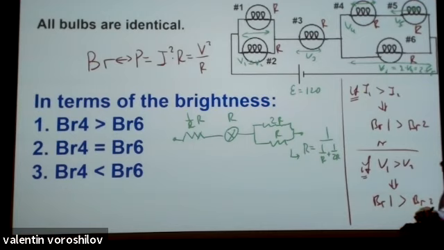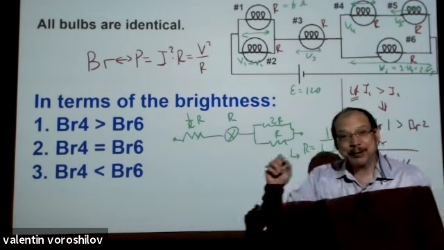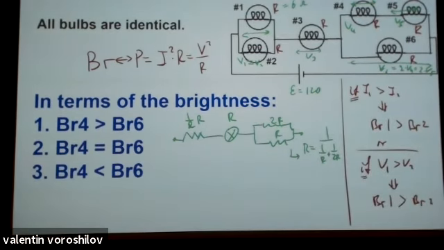What else could I do? I could choose a convenient value for R. I could set R to be equal to, I don't know, 6 ohms. And of course, now everything might come easier for us because now we just can calculate everything. But in general, of course, we don't have to do that. In general, we could just analyze things as they are.